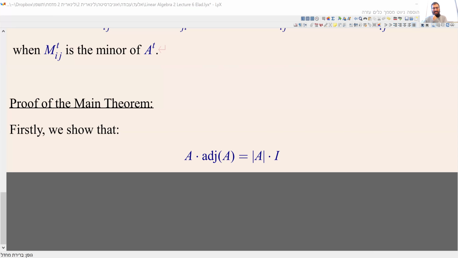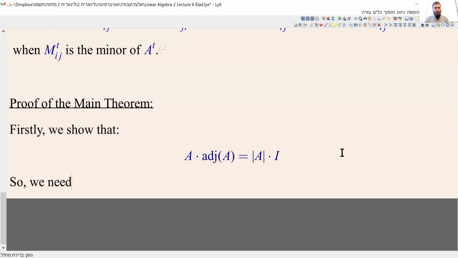So yet again, what we need to prove is equality of matrices. We need to show that for every i and j, the equation holds.